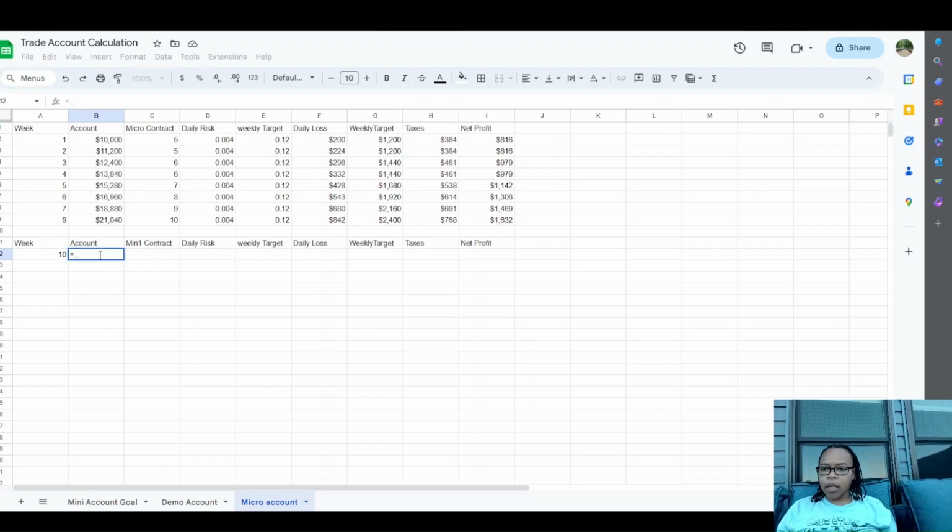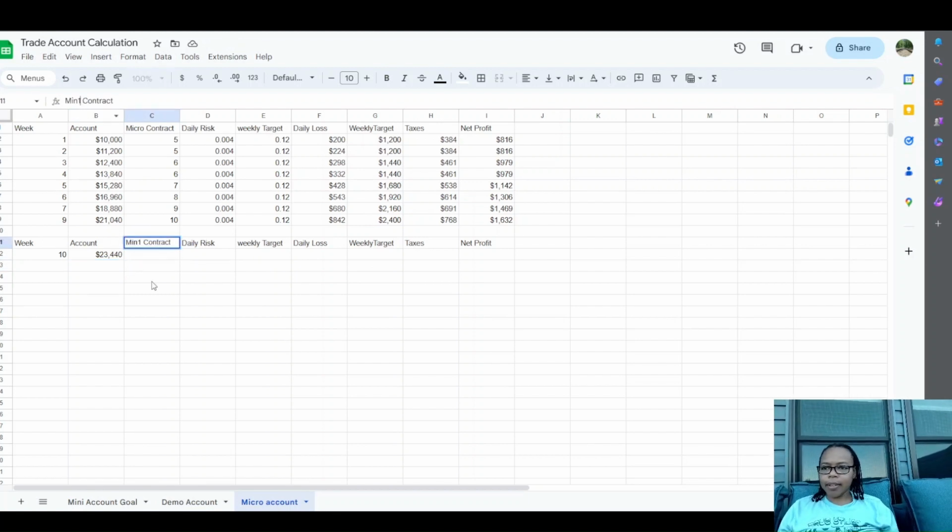All right, so this is going to be plus, doing that right. Okay, so that's the weekly target there. Perfect. All right, good. And then we're trading.